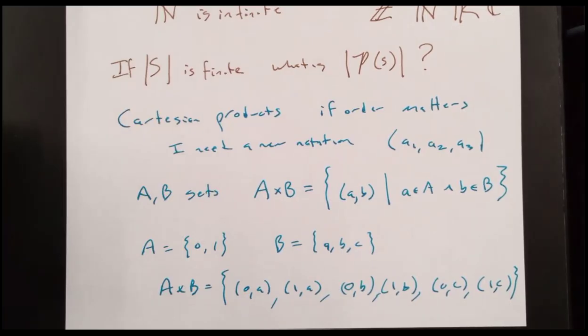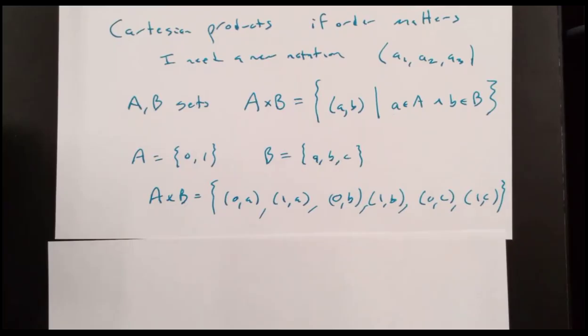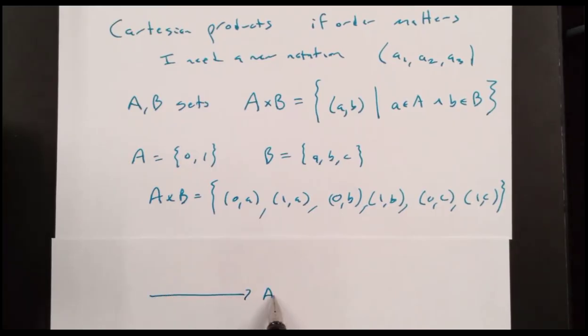If you really wanted to, you could think of this exactly the same way as I was just talking about with ordered pairs. I can have an A axis and a B axis.